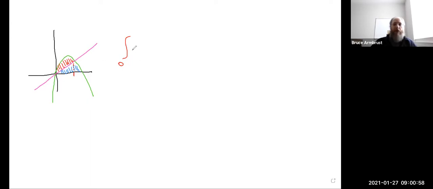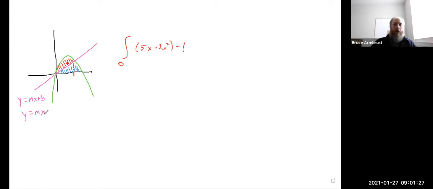And then we're going to have to do top minus bottom. So the top for this one is going to be 5x minus 2x squared. And then we're going to have to subtract the bottom function. Well, here's the thing. I don't know the equation of this bottom function. I know it's a line, y equals mx plus b. I do know that it goes through the origin, so b is 0.